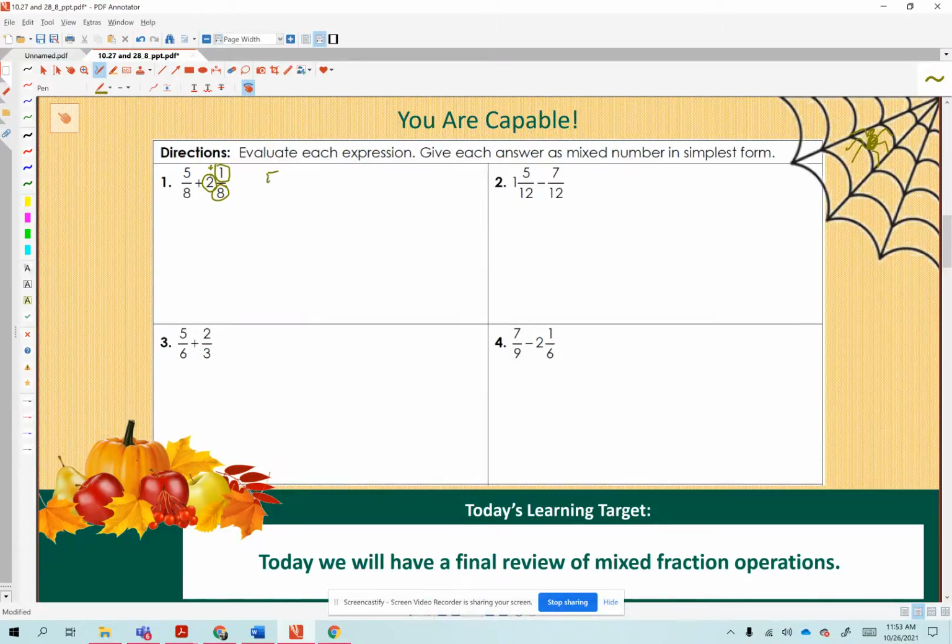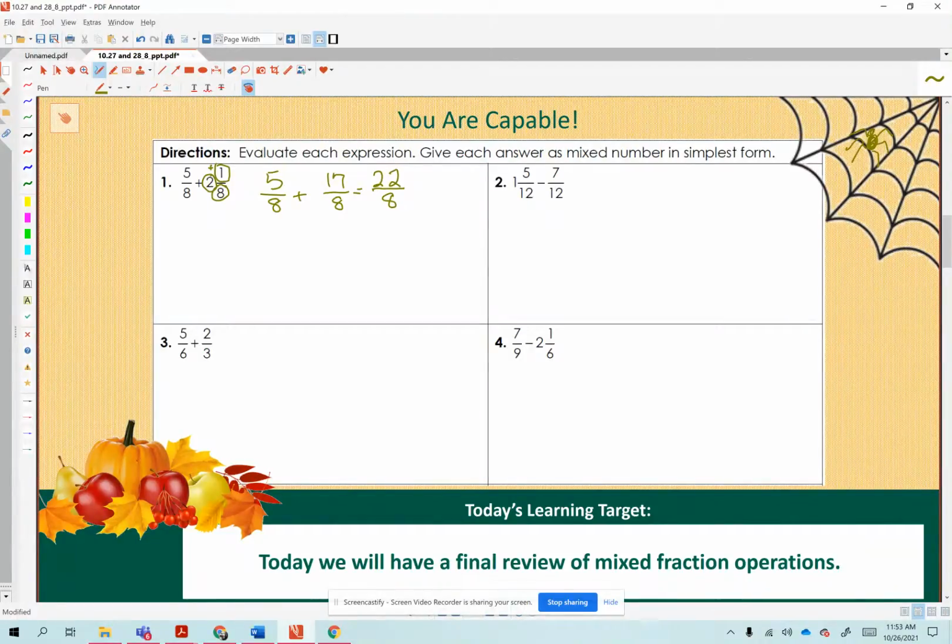So we have our 5/8 plus 17/8. And with addition and subtraction, we will keep the same denominator and simply add the numerators. So 17 plus 5 equals 22.